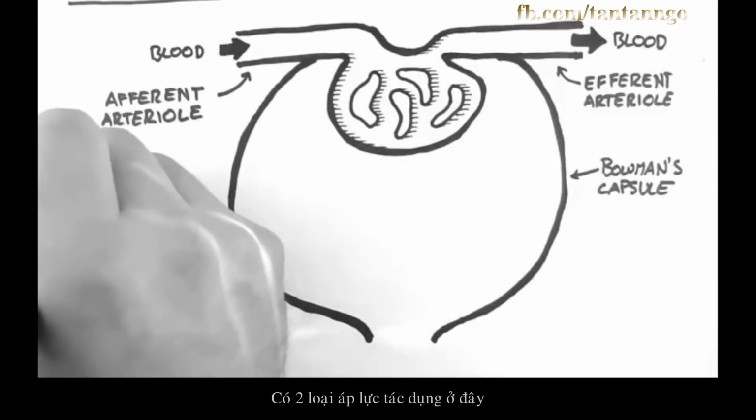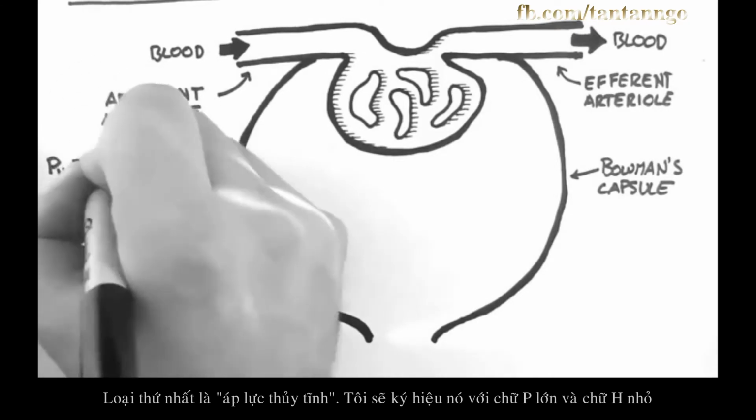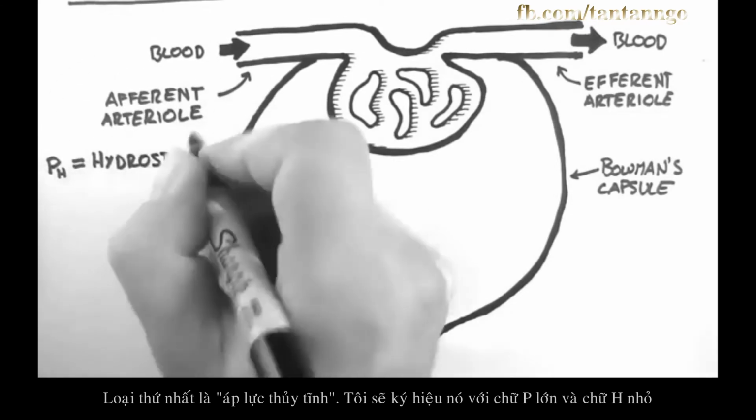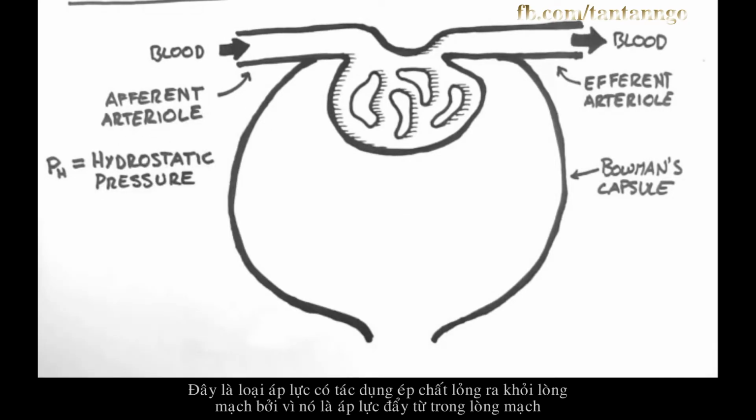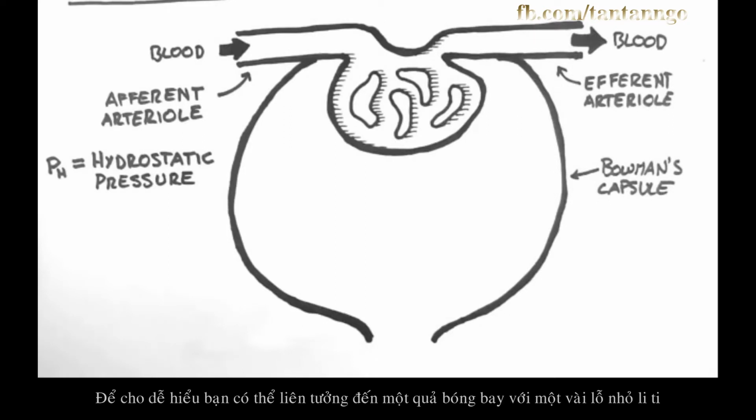There are two types of forces at work here. The first is called hydrostatic pressure, which I'll write as a P with a small h. And this is a force that compels a fluid to move out of the vessel because it is contained within a vessel. To understand this, imagine a balloon with a small hole in it.